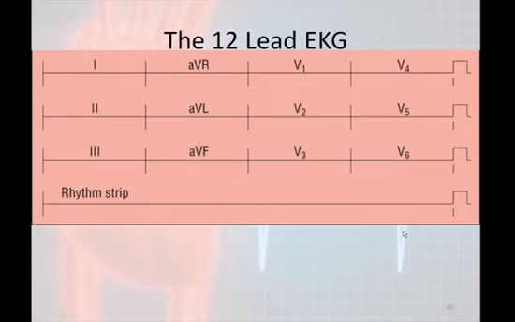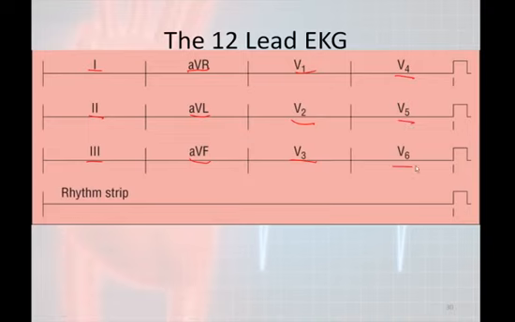In the horizontal layout, you're going to have an EKG that is printed from left to right. The first three leads that are printed are leads 1, 2, and 3. They will be followed by printing AVR, AVL, and AVF. Then they're going to print V1, V2, V3, and then V4, V5, and V6 will be printed.